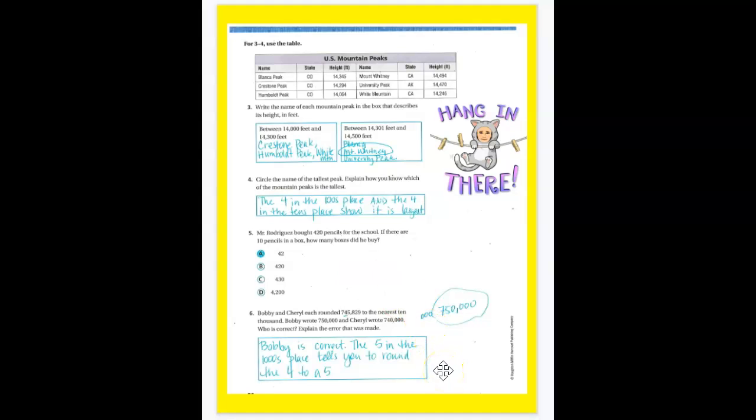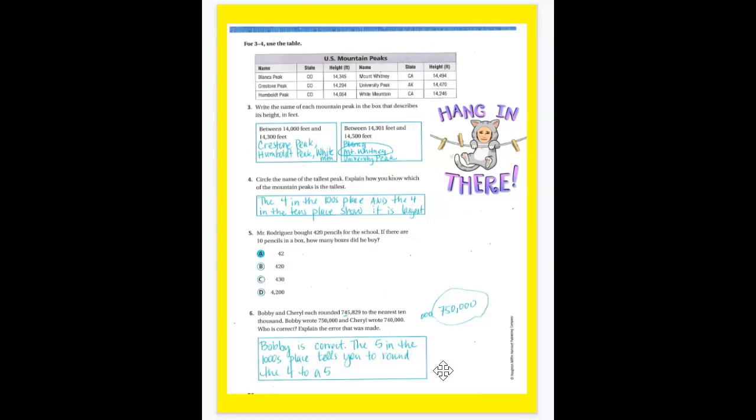Number 6. Bobby and Cheryl each rounded 745,829 to the nearest 10,000. Bobby wrote 750,000 and Cheryl wrote 740,000. Who is correct? Explain the error that was made.